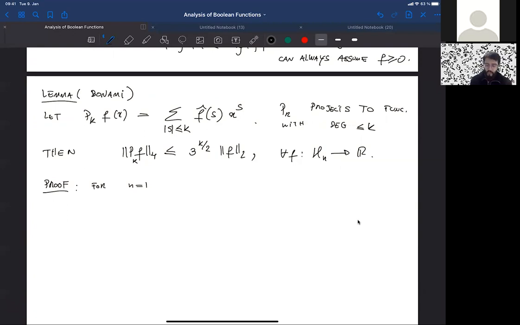Well, for n equals 1, every function is just a plus b x1. So if k is greater or equal than 1, nothing changes about the function. We're doing norm 4 here.